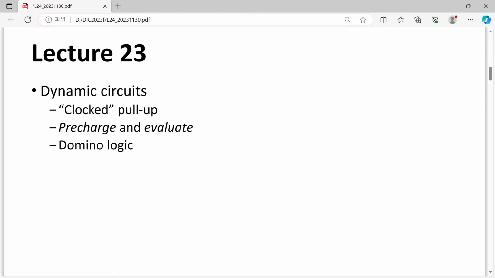In this dynamic circuit, we used the clock to pull up and pre-charge the output signal to 1. After that, only when the pull-down network is active does the output value become 0. So that was the dynamic circuit.